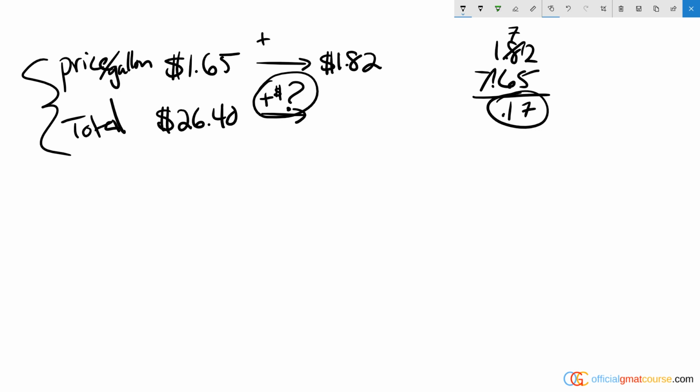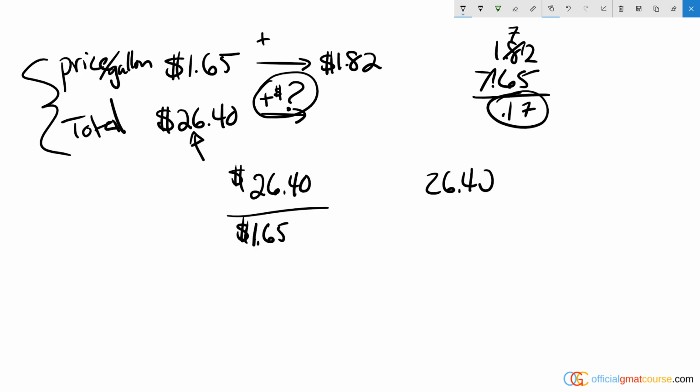How many gallons did she use when she spent $26.40? Well, that's $26.40 divided by the price per gallon of $1.65. And if you think about it this way, I like to do division like this.